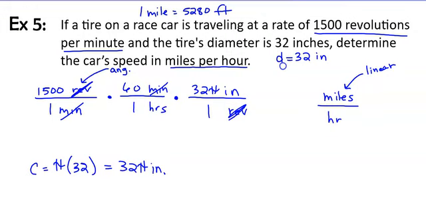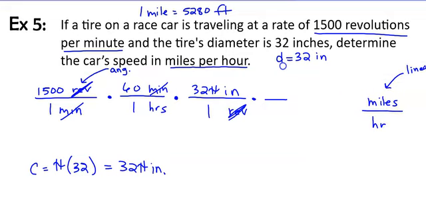And we're getting kind of close. We're in inches per hour right now. We want miles per hour. So the first thing I would want to do is maybe slide this down so it's not in our way. It's getting longer than we thought. We want to get our inches into feet. I don't want to go right from inches to miles.